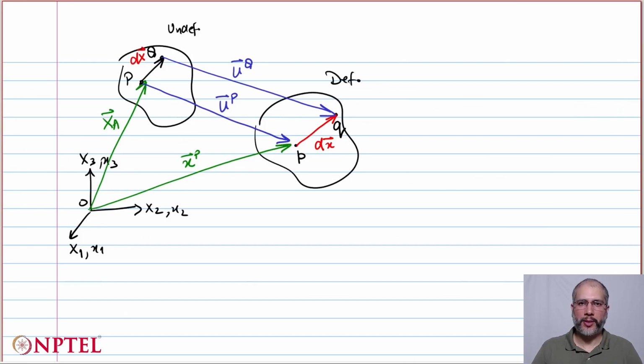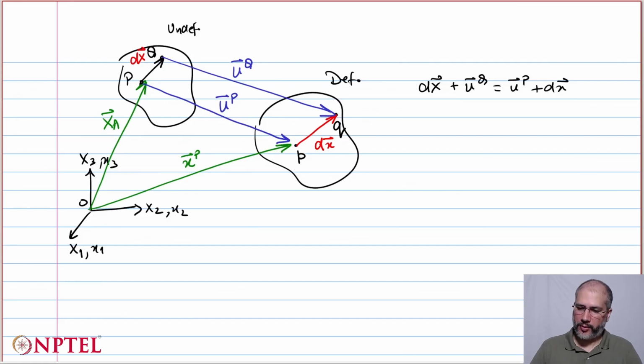So if I look at the vectors here, I can clearly see that dX when added to u^Q is the same as u^P plus dx. You can clearly see that that takes us from the capital P point to the small q point. This is simply vector addition.